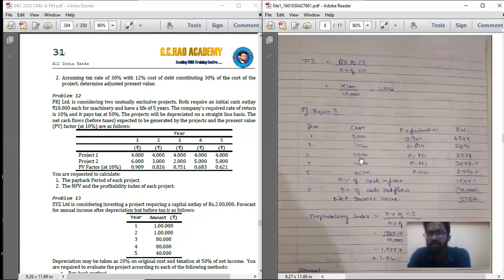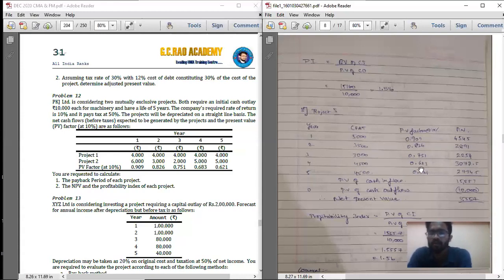Below that, year 3, 3,000 into 0.751, you are getting 2,253. In the present value column, year 3, record 2,253.